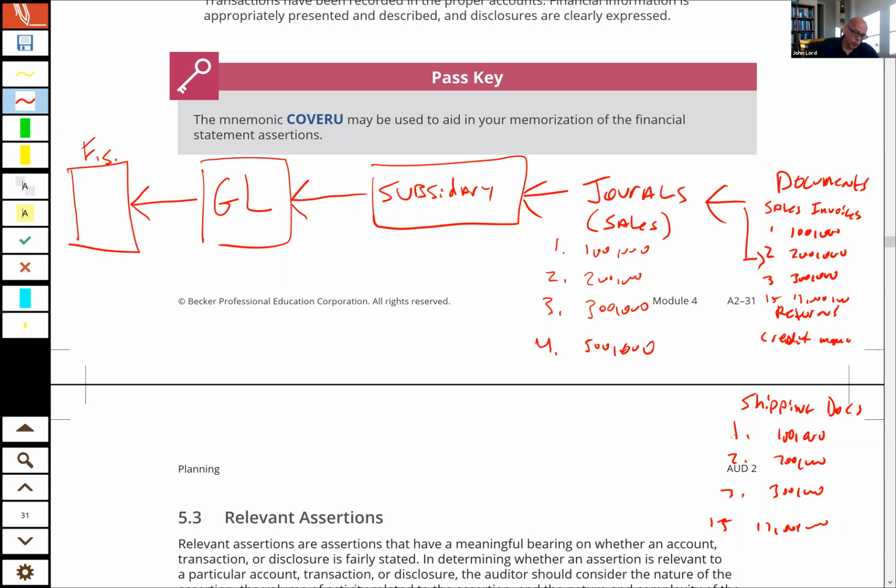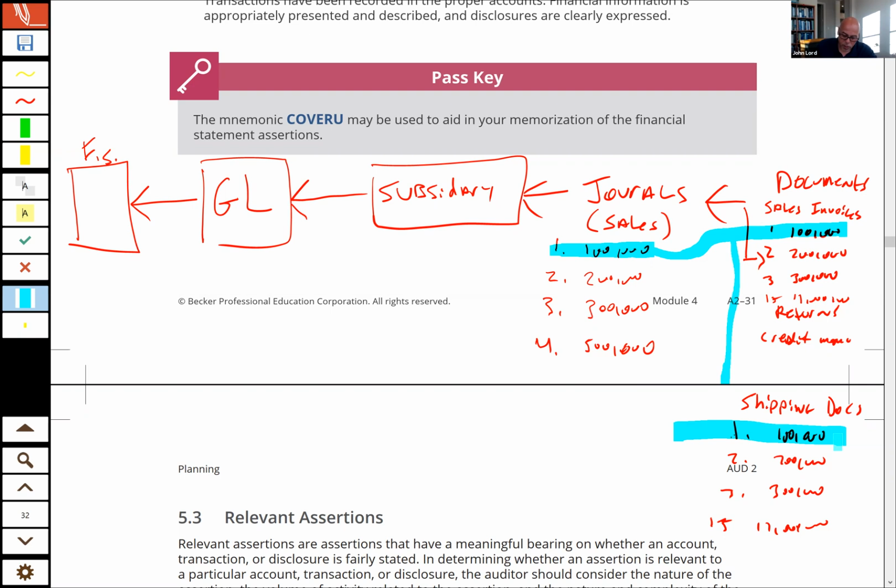Now, what the auditor is going to do is they won't have to look at every single one of them, but they'll pick something from the sales journal. They'll find the sales invoice. They'll find the shipping document that shows that it was shipped.